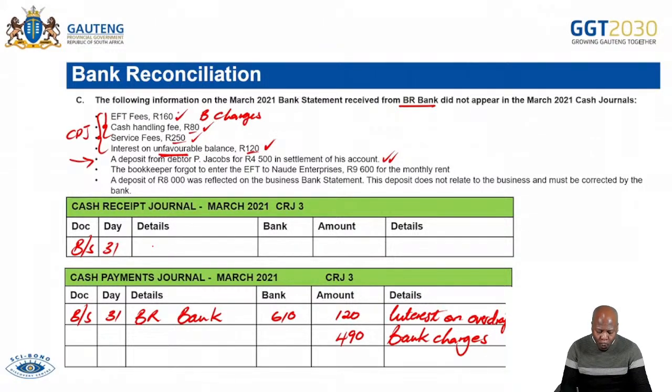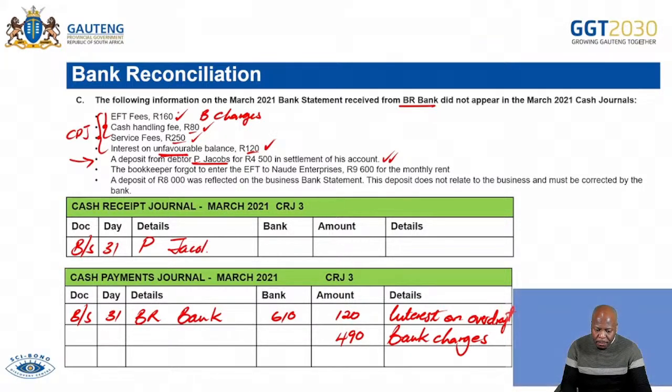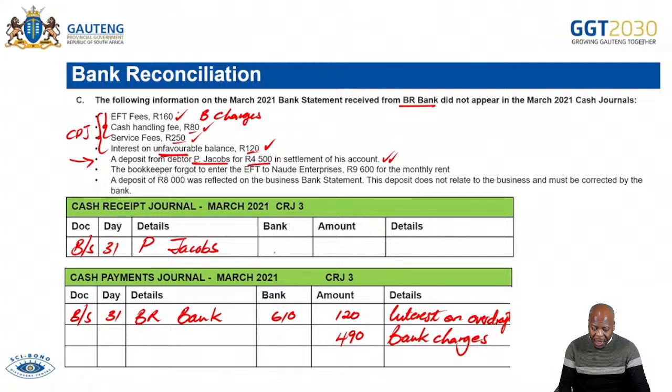What is the name of the person? P. Jacobs. How much did we get from P. Jacobs? 4,500. And what was this for? In settlement of his account. That means P. Jacobs was a debtor. So here we're going to have our debtors control. Are we still following? Okay, thank you.